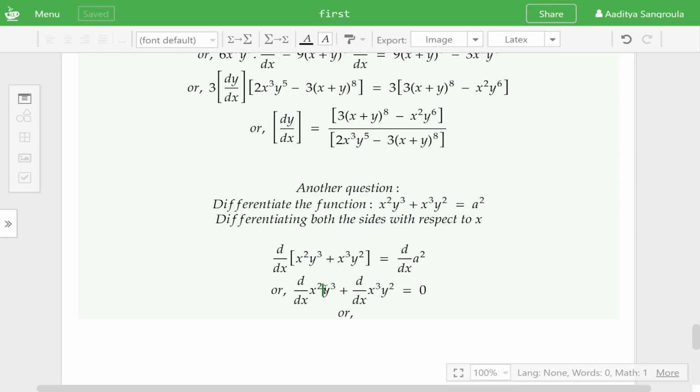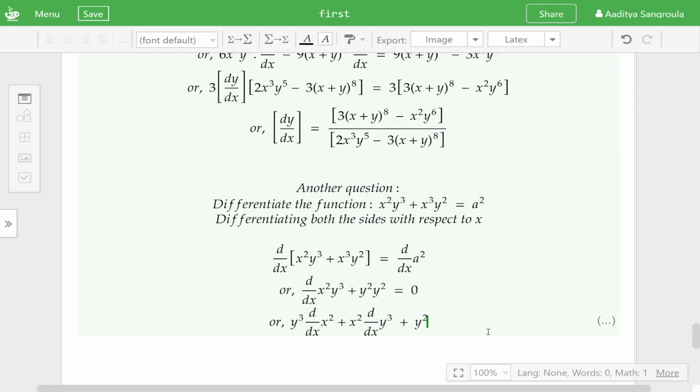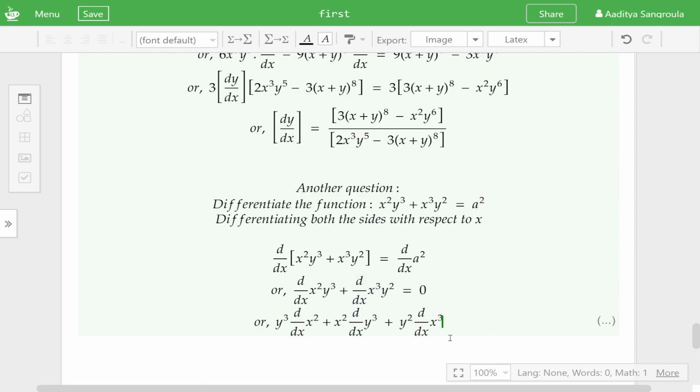The derivative, okay, y cubed times the derivative of this, plus the derivative of y cubed times x squared, and then again use the product rule, plus something like this, which is equal to 0.